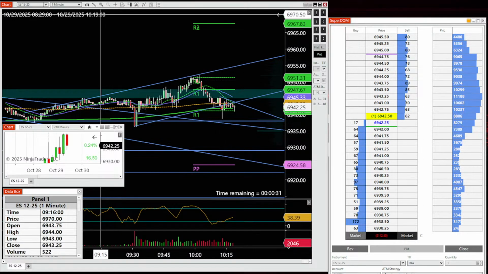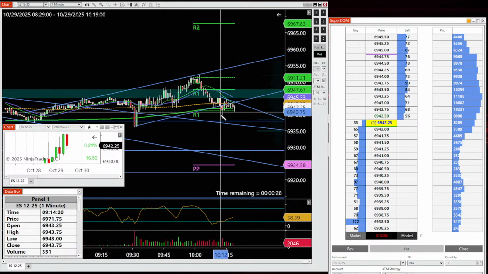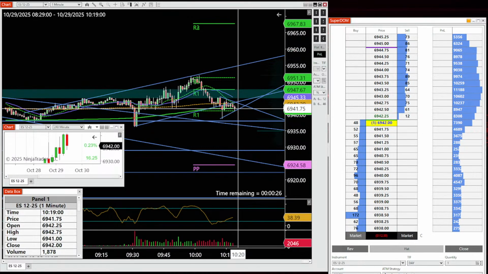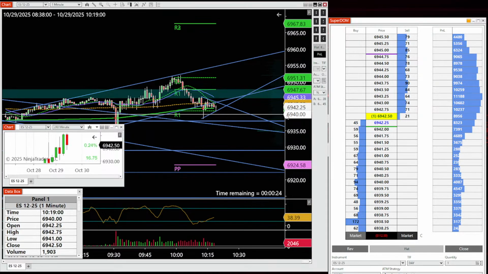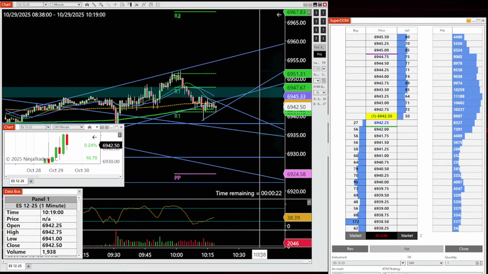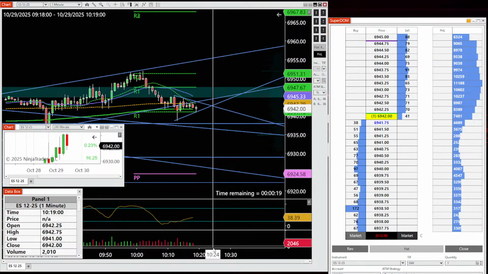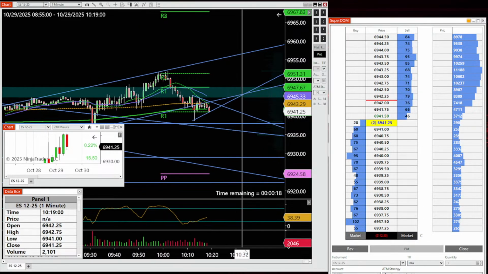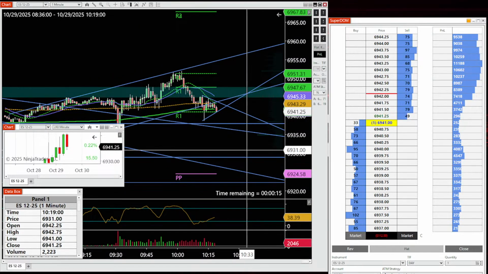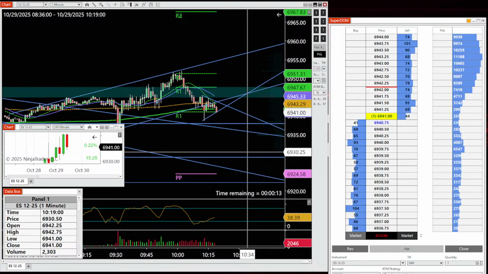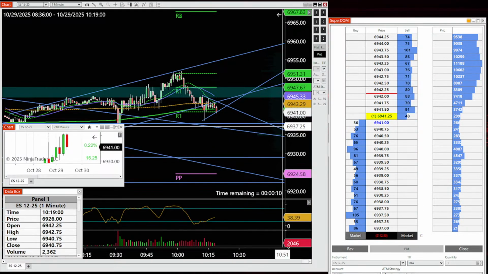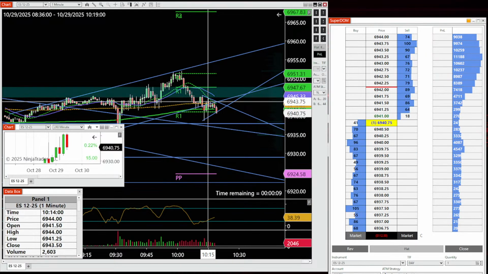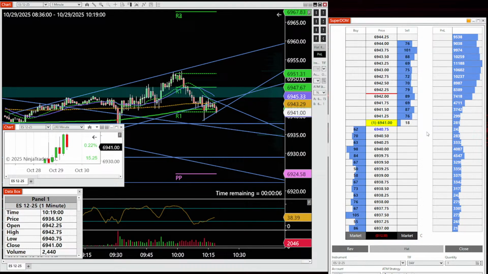Let me see. We've got a little pennant here. See which way. Is it looking to break down? Looks like it's trying to pop and then break. Pop, look lower, pop, and then break.